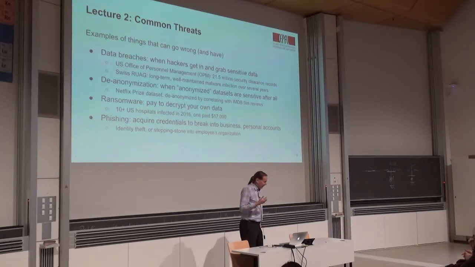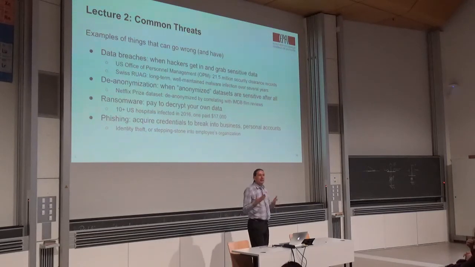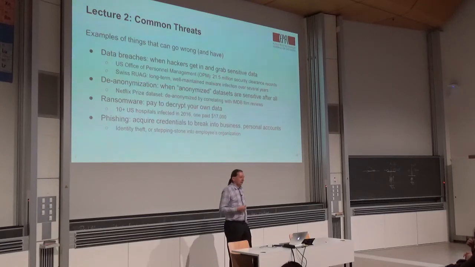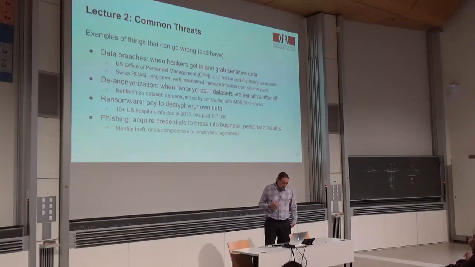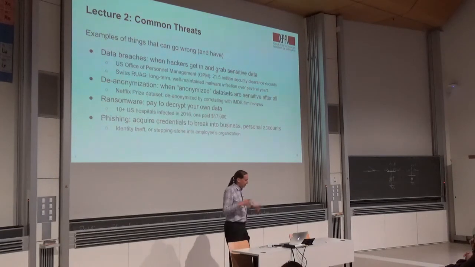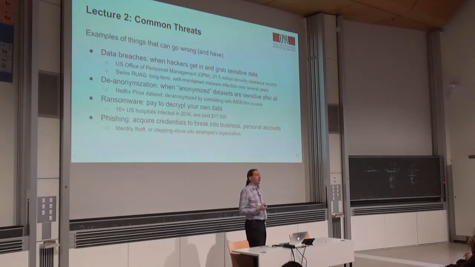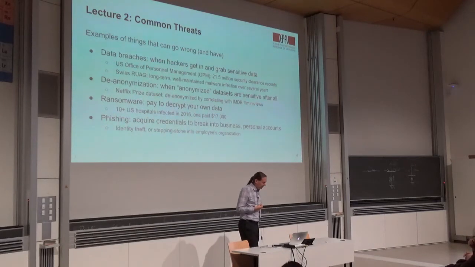So, for example, data breaches, when hackers get sensitive data, especially in large amounts, affecting many people. We'll cover de-anonymization, where supposedly anonymized data sets turn out to be sensitive after all, based on what you or a hacker can do with them.